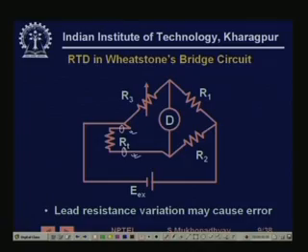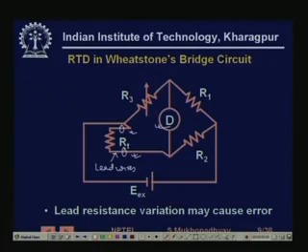These are called the lead wires, and since they go through various places, temperature can vary along their path, and the resistance of these lead wires can also change. The detector is going to interpret that as a temperature change. This is called a lead wire error.